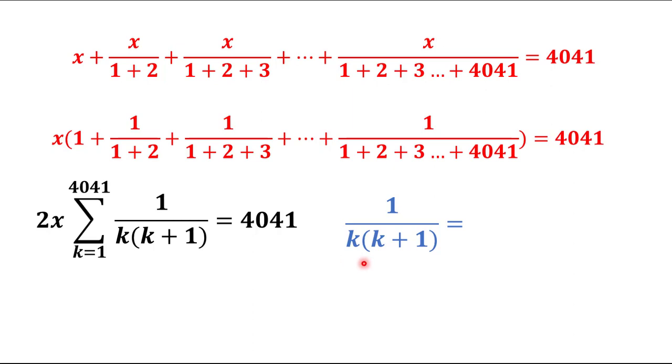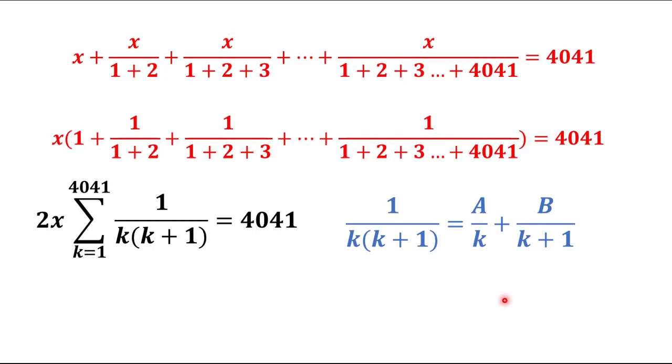As you can see, there are two linear factors, k and k plus 1. So this expression can be written as a over k plus b over k plus 1. We need to find values of a and b.